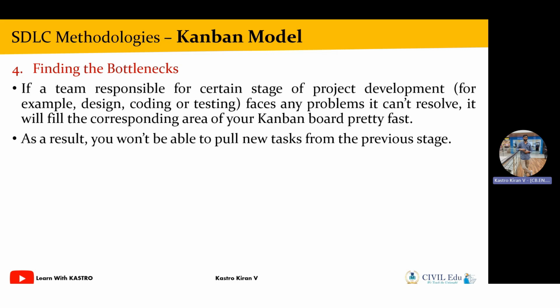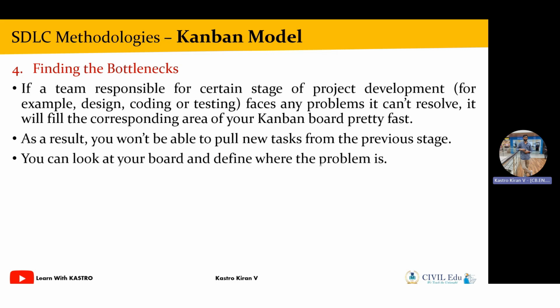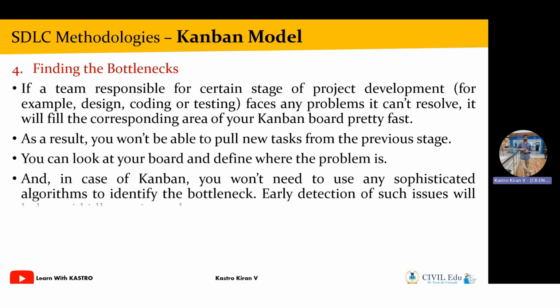You can look at your board whenever any kind of problem comes, and define what exactly the problem is and in which stage it is occurring. Once you define the bottlenecks on the Kanban board, it is easy to resolve the work because the board clearly tells you at which stage you are facing difficulty. Then the team will work together on the bottleneck and try to rectify that error.